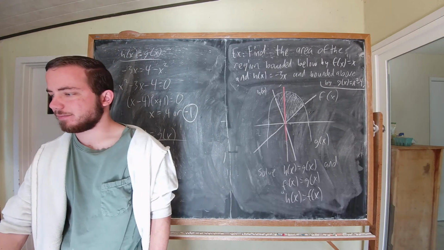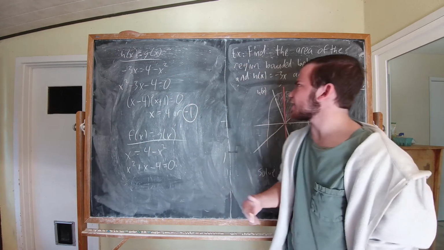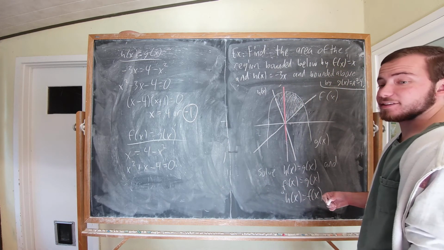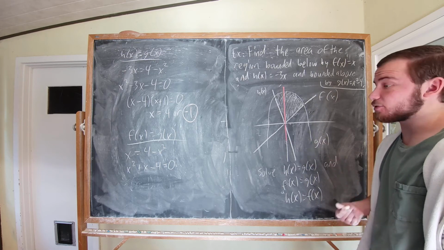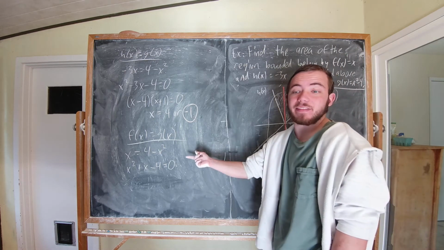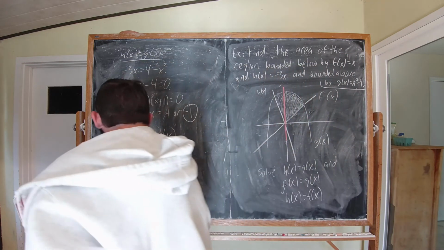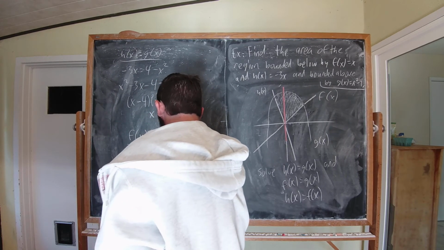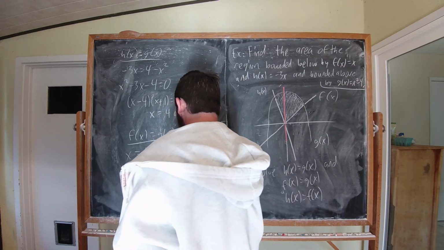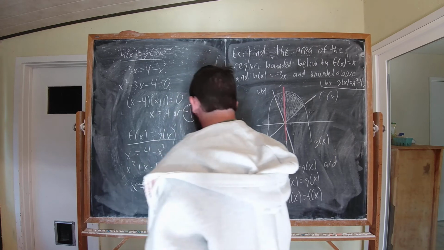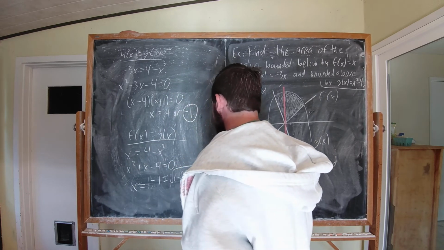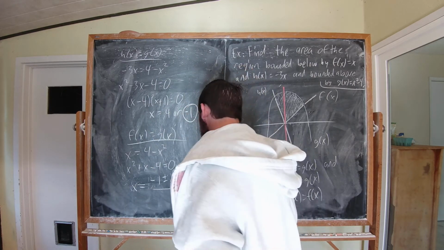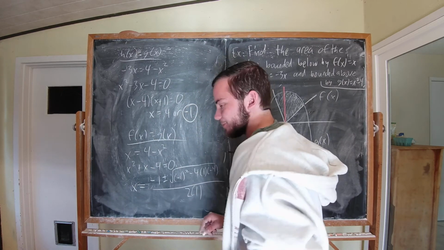Give me half a second. Never mind, that doesn't factor as nicely as I thought it did when I set this whole problem up. But that's okay. We'll use the quadratic formula and that'll tell us the roots. So this says here, x will be negative 1 plus or minus the square root of negative 1 squared minus 4 times 1 times negative 4. Yeah, that's why the square root doesn't pop out quite right.